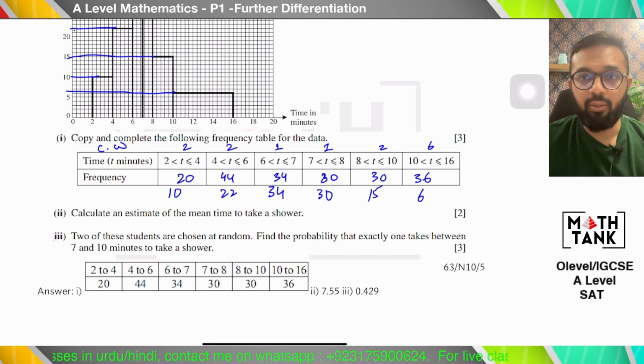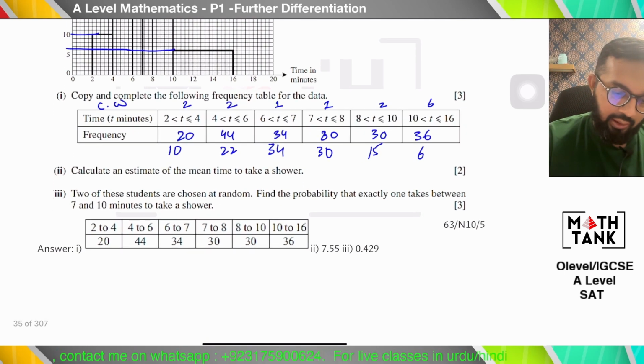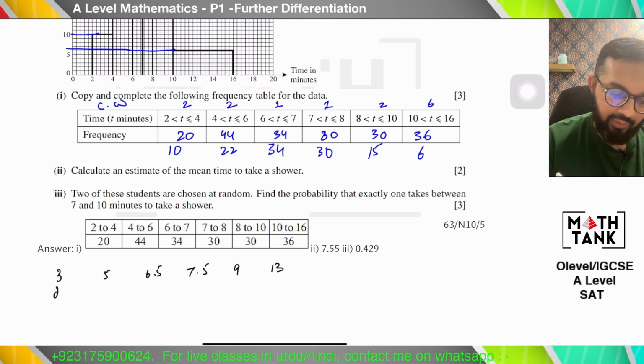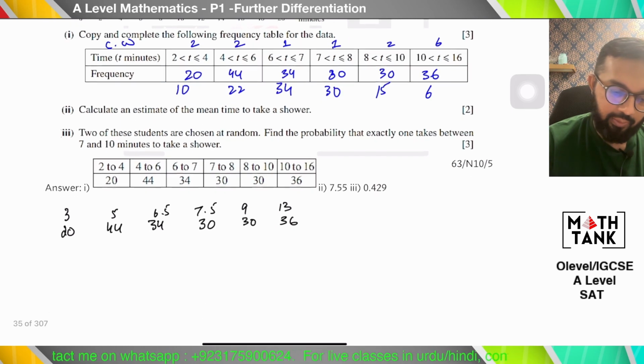Yeah, we have the correct numbers. Okay. Then for the mean, you need the midpoints. So the first midpoint is 3, the next is 5, then 6.5, 7.5, 9, and 13. And the frequencies are 20, 44, 34, 30, 30, and 36. So the mean is simple then.